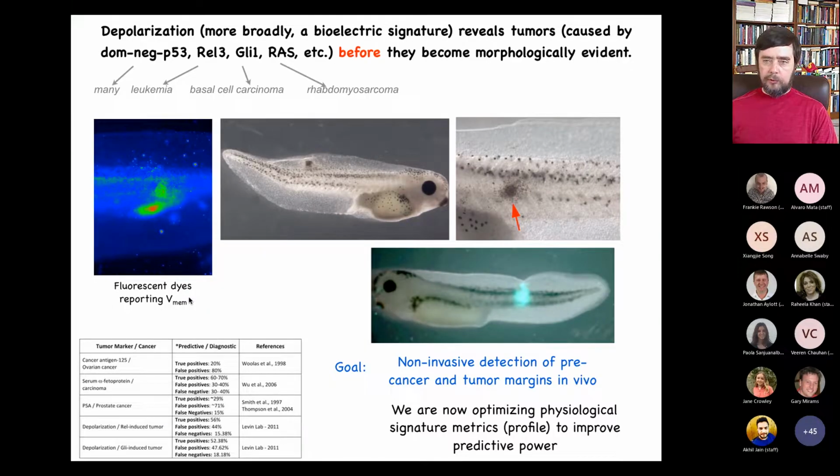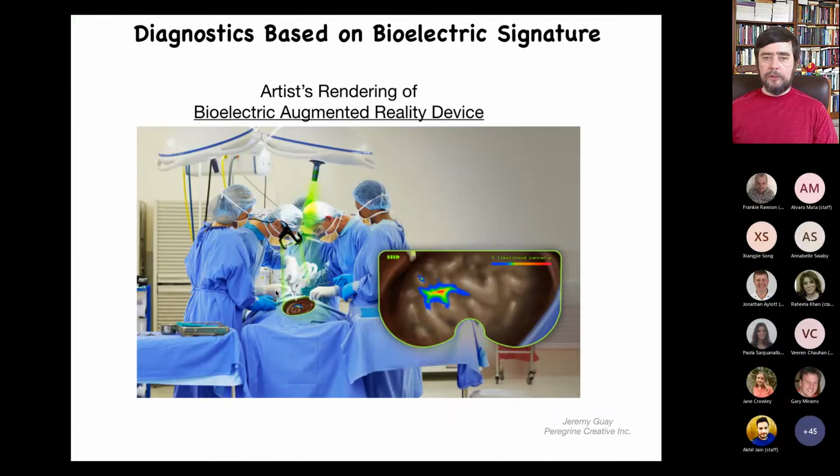So here's what I've already shown you, this idea that bioelectric signals can be used to detect early stages of transformation, and you can kind of see how it compares to existing modalities. But one of the things we're working on is a kind of diagnostic technology with these voltage dyes, so that either at home or in the doctor's office or during surgery, you would be able to put the dye on some tissue, and you could see not only areas of tumor or pre-tumor, but you would actually be able to see where the margins are, right?